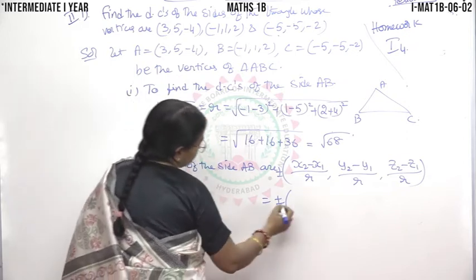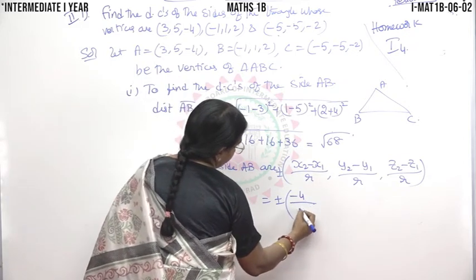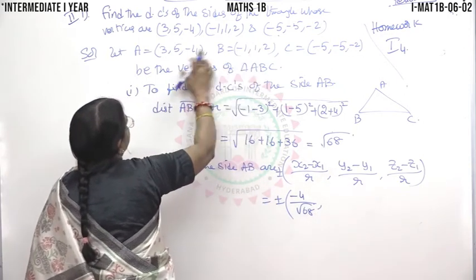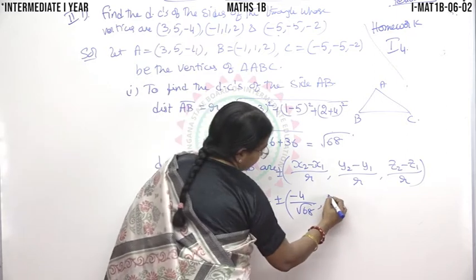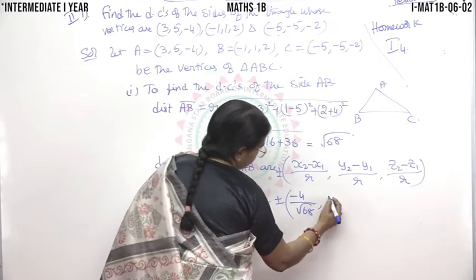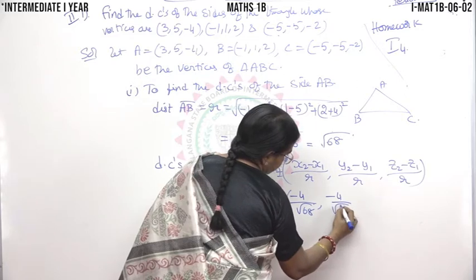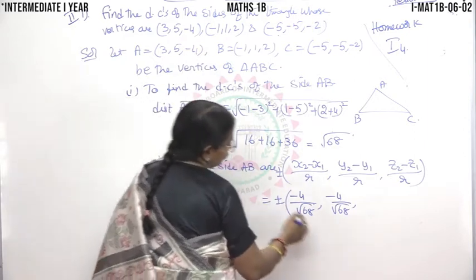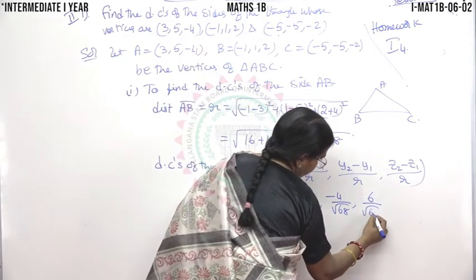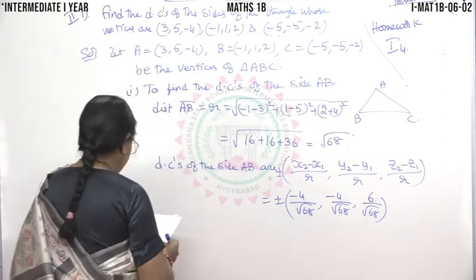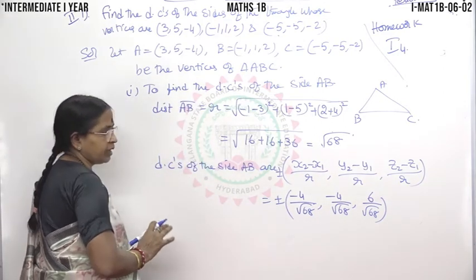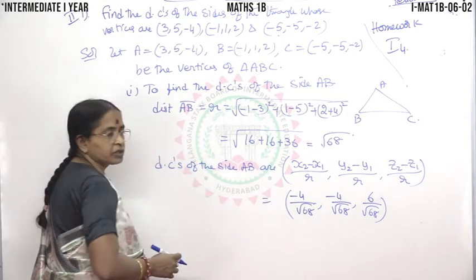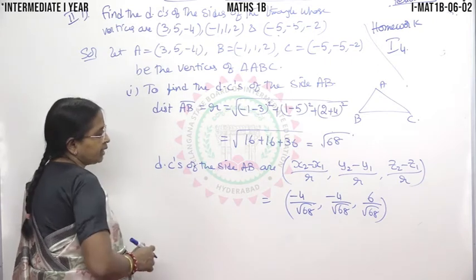So minus 1 minus 3, that is minus 4, by R, and R is root 68. Then y2 minus y1 is 1 minus 5, that is minus 4 by root 68. And then this 2 minus of minus 4, 2 plus 4, that means 6, so 6 by root 68. So like this we find the direction cosines of the side AB. One set of values is enough, so we'll take positive values. Okay, DCs of the side AB.